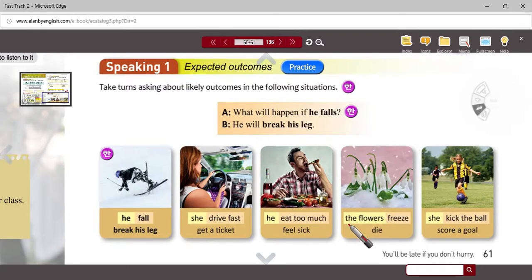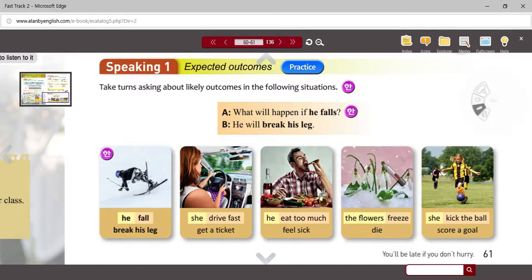If the flowers freeze, they will die. The flowers will die if they freeze. And finally, what will happen if she kicks the ball? She will score a goal. She will score a goal if she kicks the ball.